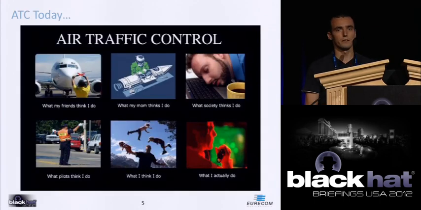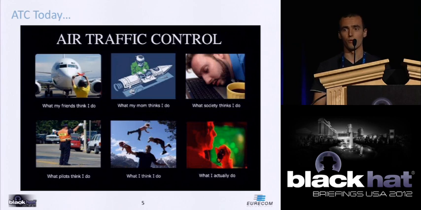Okay, so ATC, as it stands today, stands for Air Traffic Control, and it's used for managing all the air traffic, including on the ground and in the air, and its main target is basically airborne traffic.